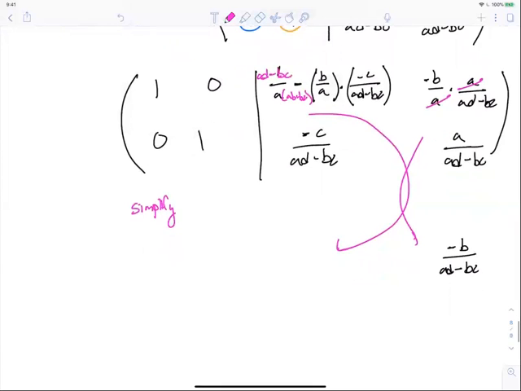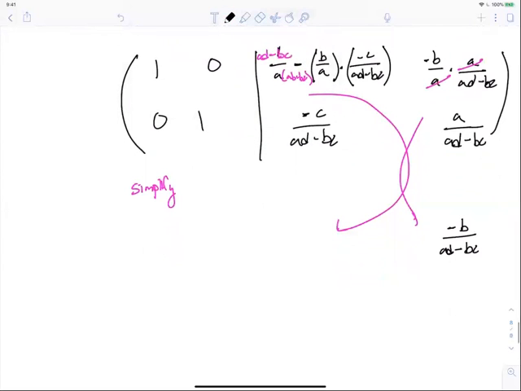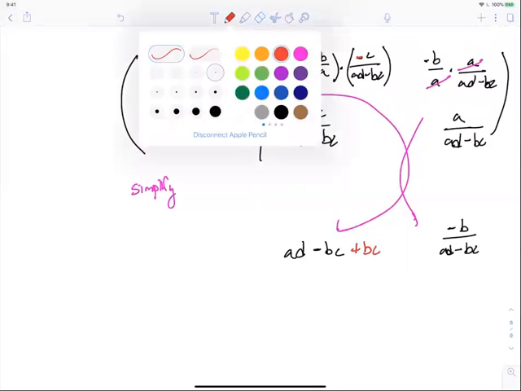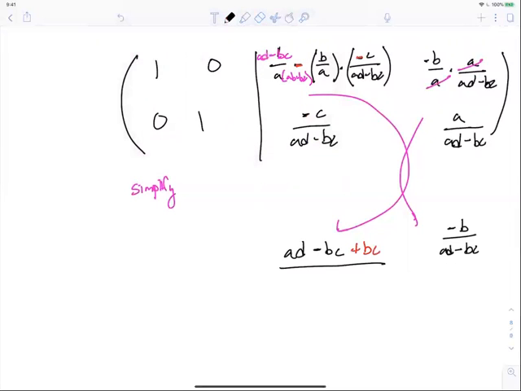So here we have AD minus BC, all right, and then adding across, we have a minus and a minus. That becomes a plus BC over A times AD minus BC.